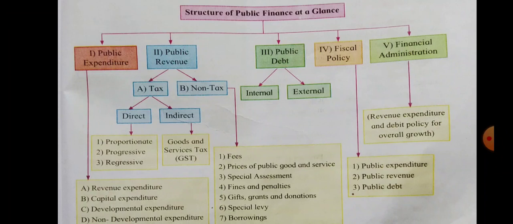As far as non-tax revenues are concerned, let us see the sources. Number one is fees, number two prices of public goods and services, number three special assessment, number four fines and penalties, number five gifts, grants and donations, number six special levy, and number seven borrowings.